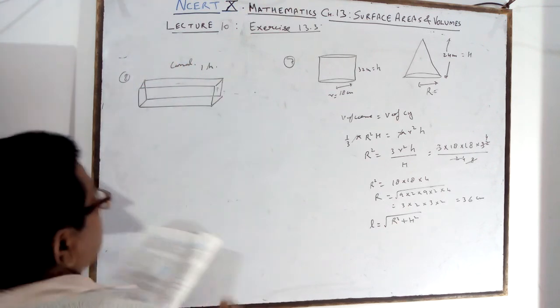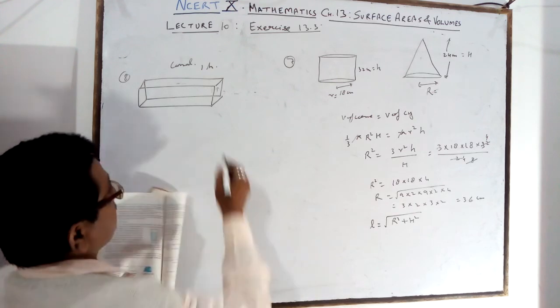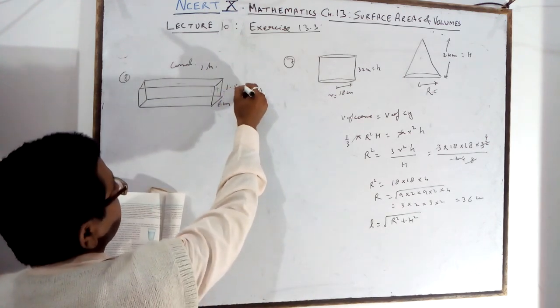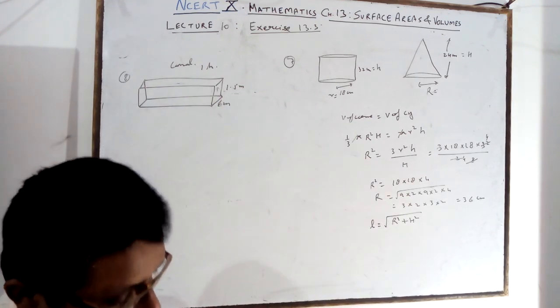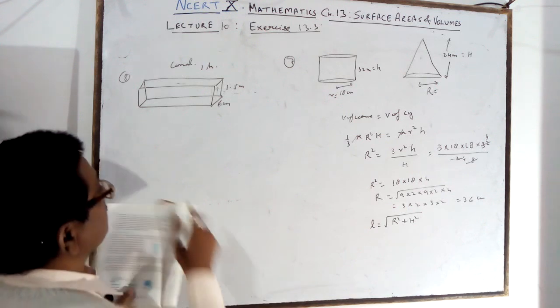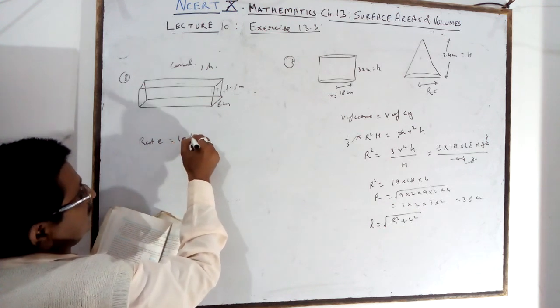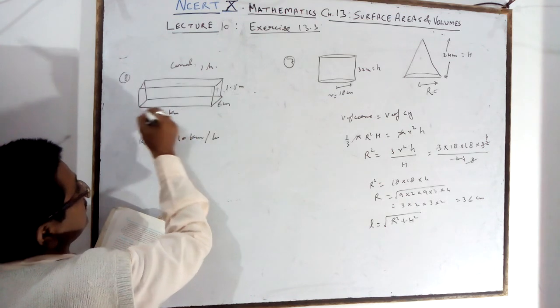I am taking one hour. It is 6 meter wide and 1.5 meter deep. The canal water is flowing with the rate of 10 km per hour. So in 1 hour it is 10 km.